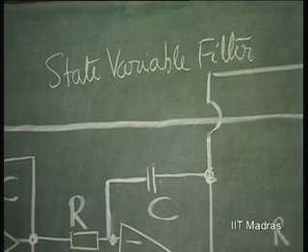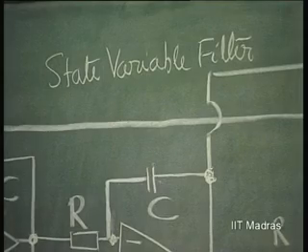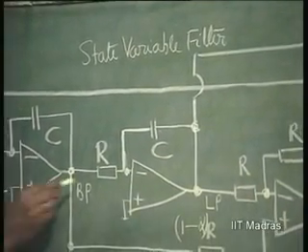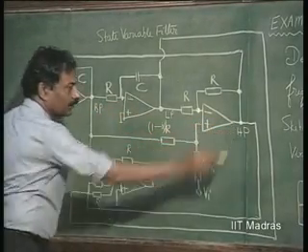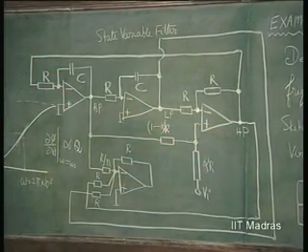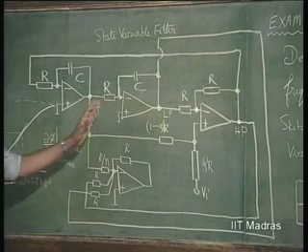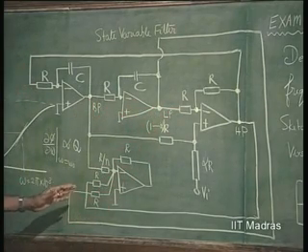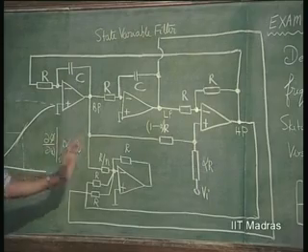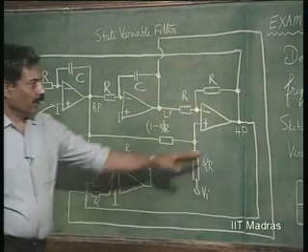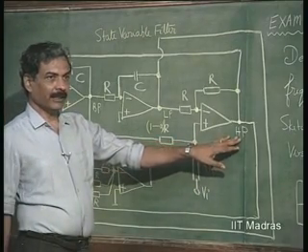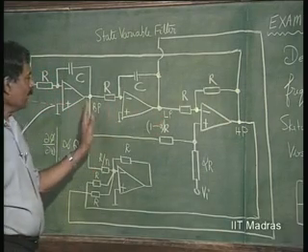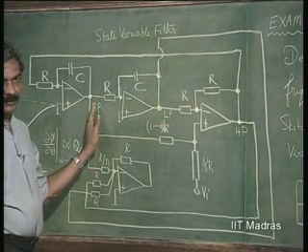So, how do we therefore get this all pass function? We know that band pass, low pass, high pass outputs can be obtained at the outputs of these 3 operational amplifiers in the case of the state variable filter. So, we have to simply add these, because high pass comes without any sign change, low pass comes without any sign change, band pass already has a sign change.